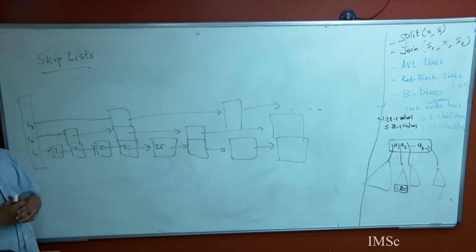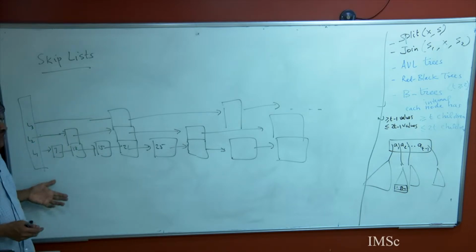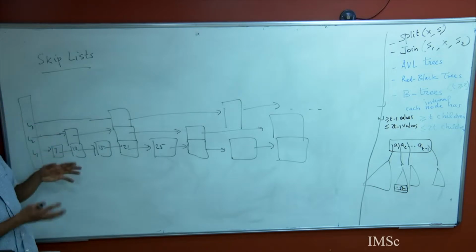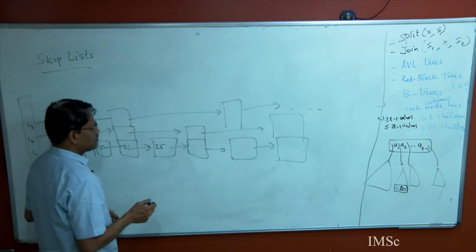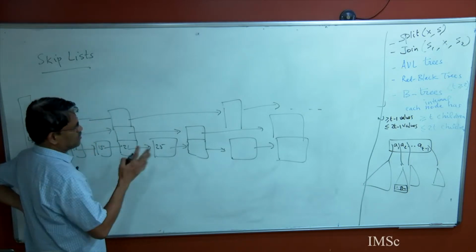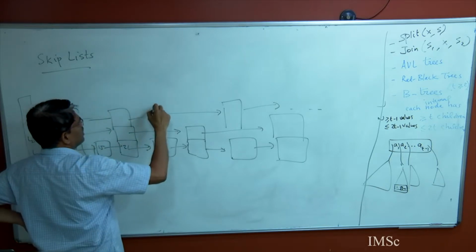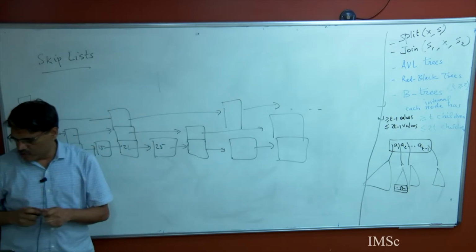So how would I search for an element here? You give me a query element x, and I want to know whether x is in the list. If I just had the bottom list alone, I wouldn't be able to do it easily. But with all these multiple lists, it's sort of like binary search. You can't do binary search because it's a linked list, so what we'll do is go to the log nth list, which will have the n by 2th element.